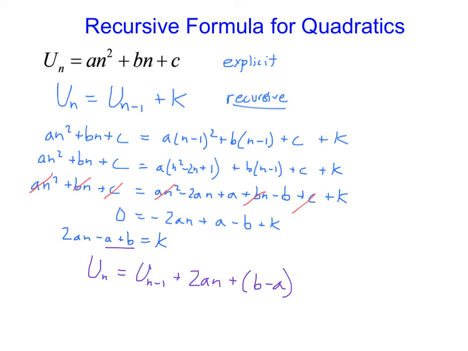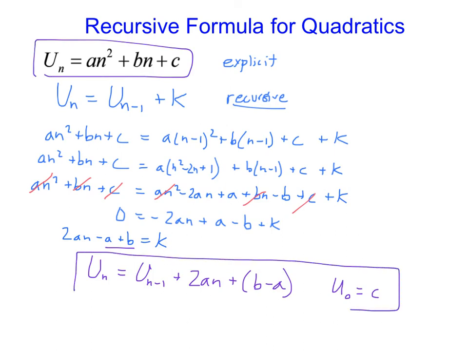And there we go. That's our recursive pattern for one of these rules. I suppose we can say also where it starts at. U sub 0 would start at c. And that's how the explicit rule for a quadratic formula relates to the recursive rule for a quadratic formula.